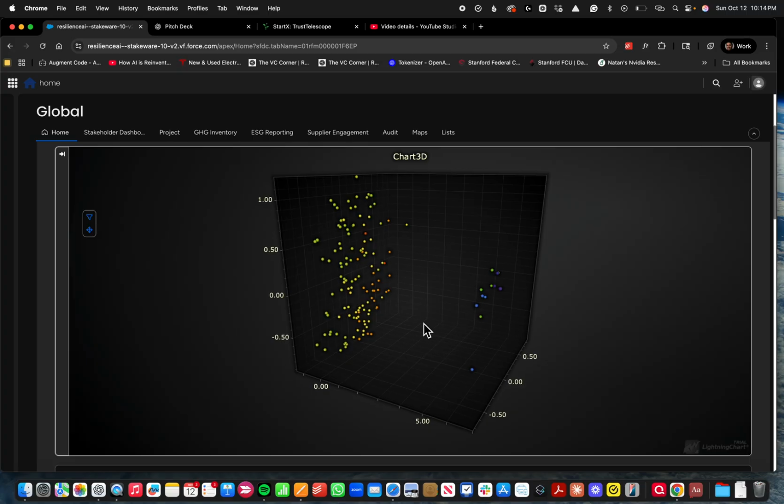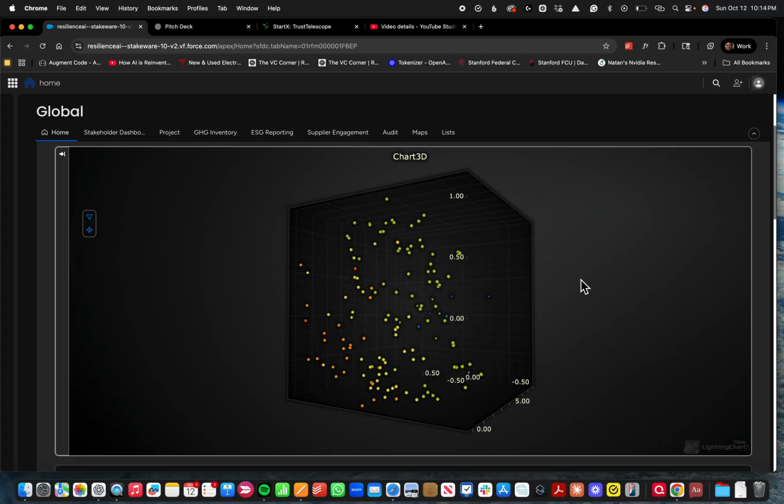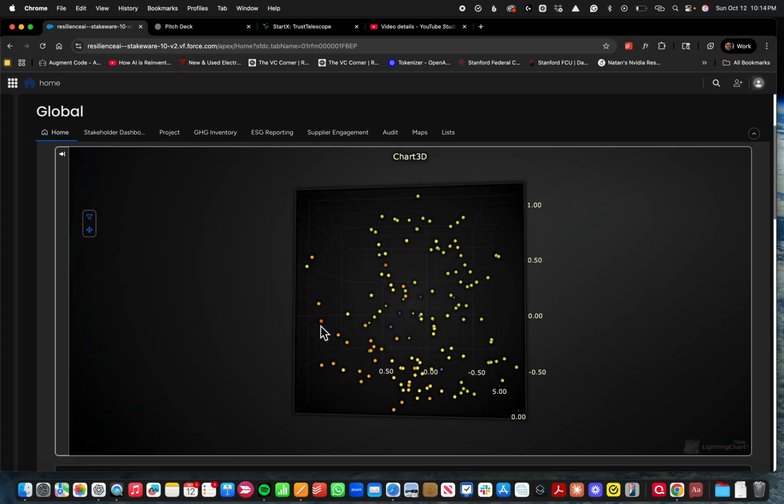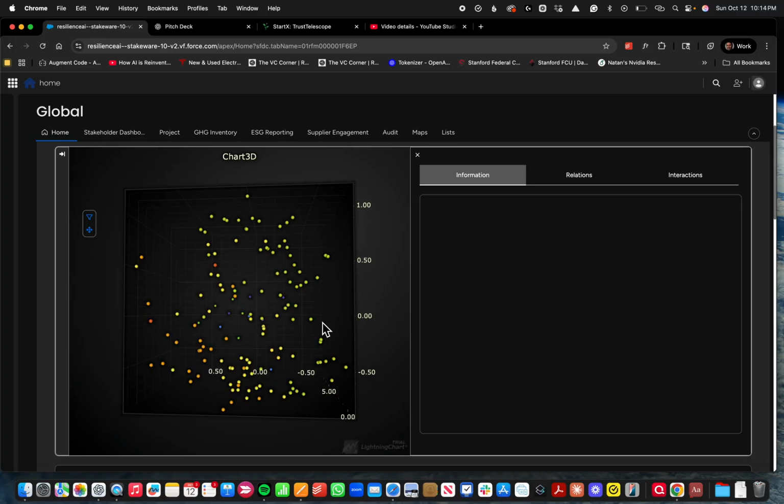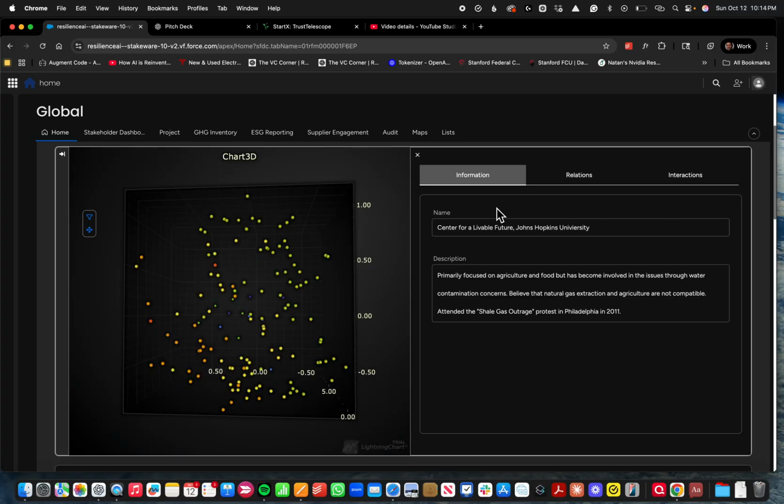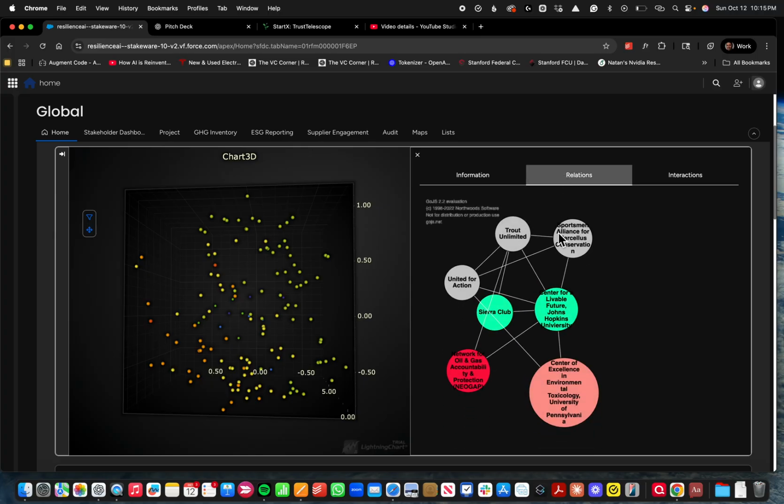And here you can see that this stakeholder, the Center for Livable Future, is one of the most activated stakeholders, and it has these different types of relationships, and it's all algorithmically calculated.